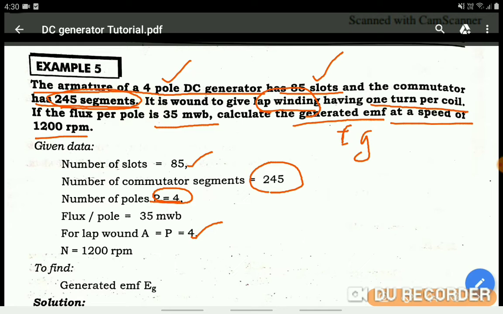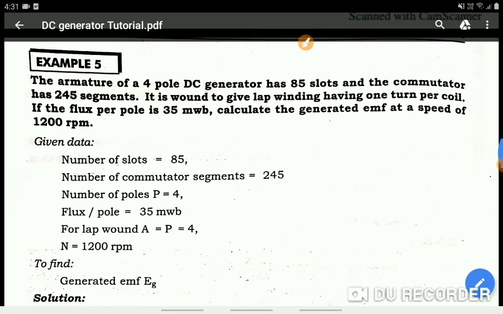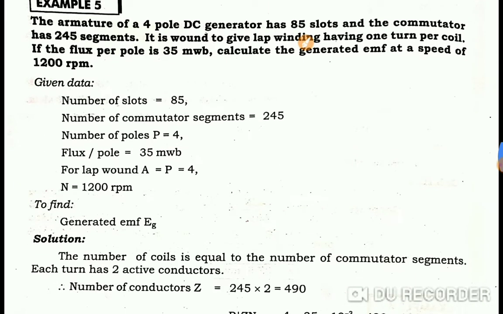One more piece of information is given: 1 turn per coil. Keep it in mind. Flux per pole is 35 milliweber and speed is 1200 rpm. With this, the generated EMF EG needs to be calculated.